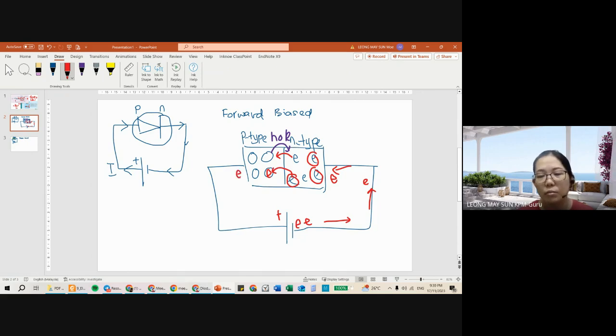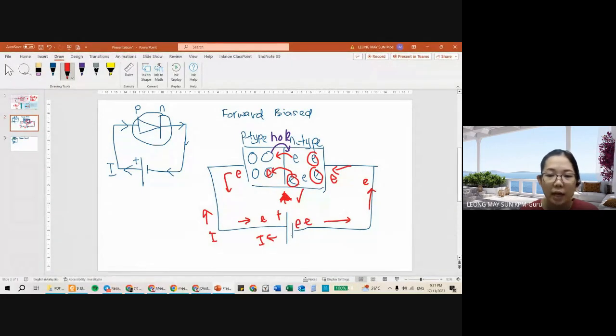When they are able to move through the junction, the electrons can come over to the positive, allowing current to flow from positive to negative. So when there are electrons passing through the PN junction, then it's a forward bias. Simple as that only.